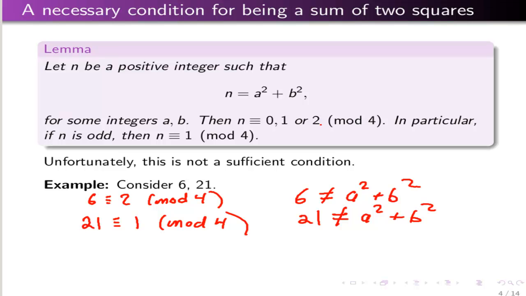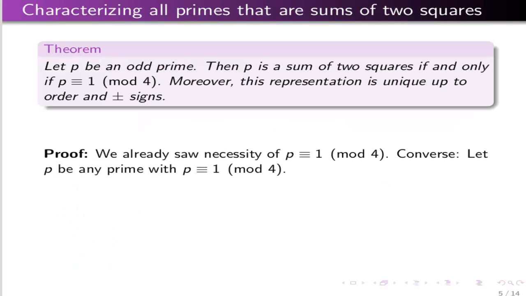Now, what is wrong with the numbers 6 and 21 is that when you factor them, they both have the factor 3. So 3 divides 6, 3 divides 21, and 3 itself is a prime that cannot be represented as a sum of two squares. So that's where the problem lies. So here's the theorem. If we restrict our attention to primes, then we do get an if and only if type statement.